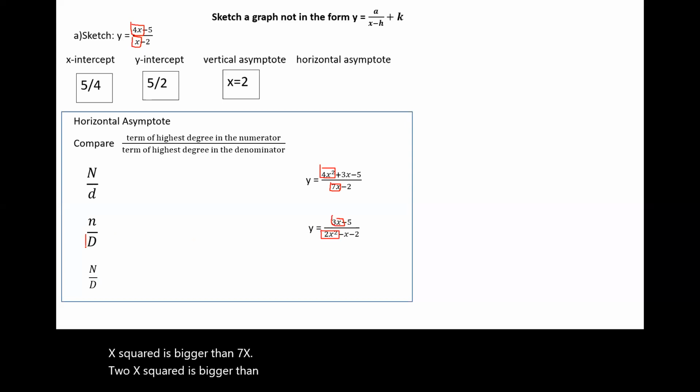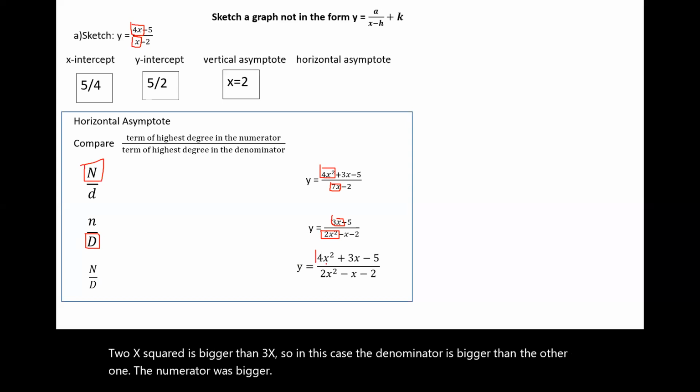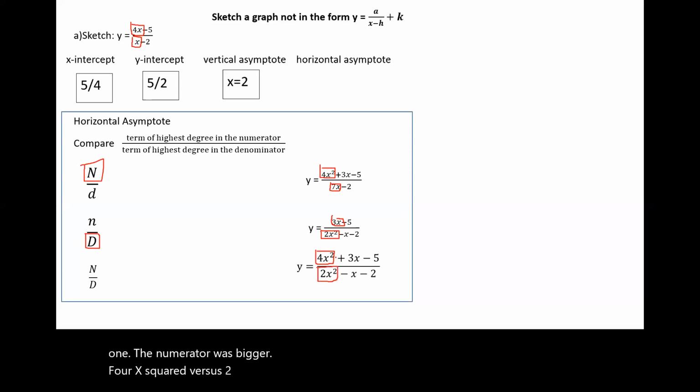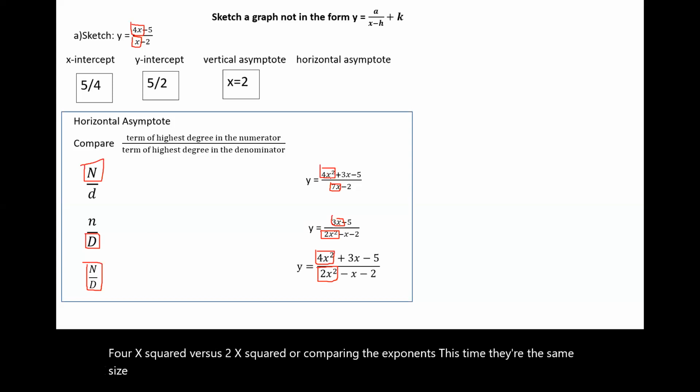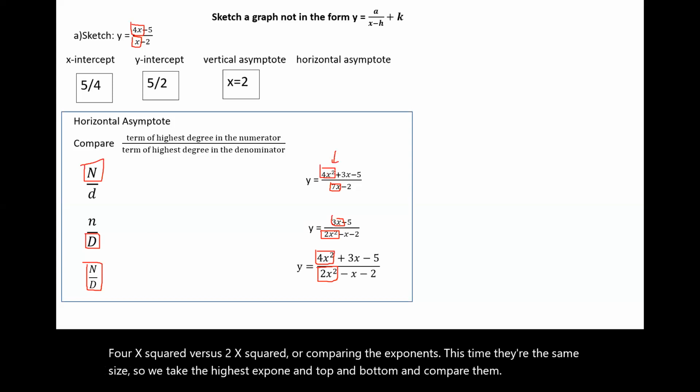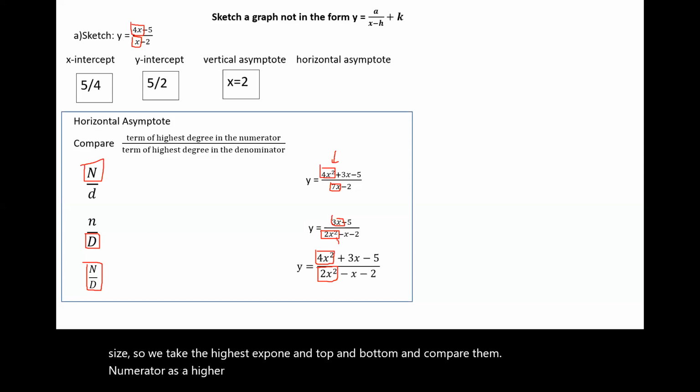So in this case, the denominator is bigger, and in the other one, the numerator was bigger. 4x squared versus 2x squared. We're comparing the exponents, and this time they're the same size. So we take the highest exponent in top and bottom and compare them. Numerator has a higher exponent. Denominator has a higher exponent. They're both the same.